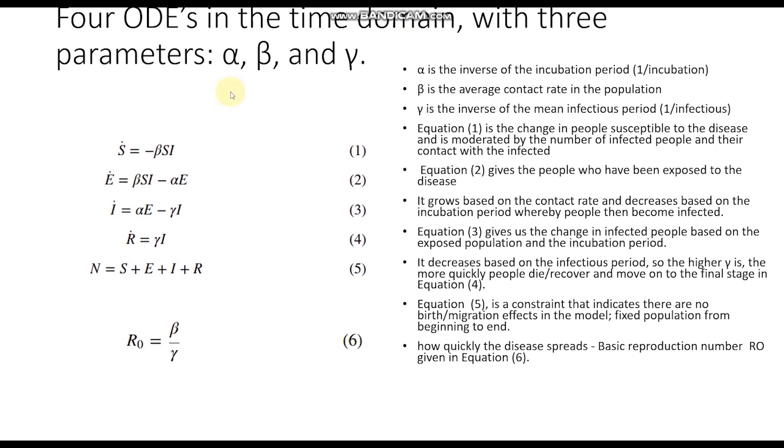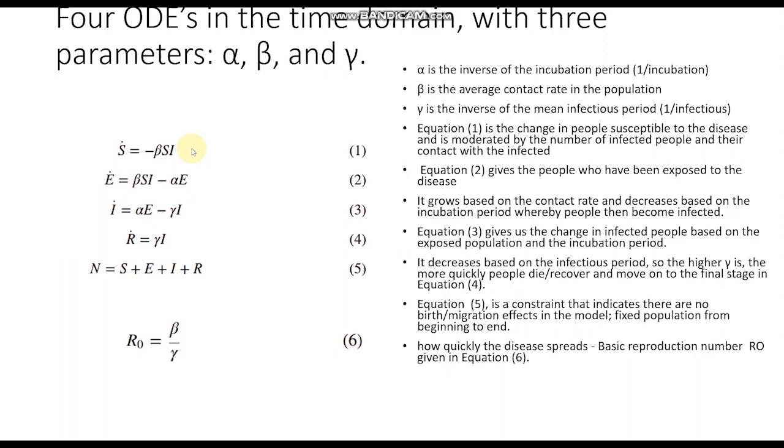This equation shows that people in the susceptible compartment, having a contact rate of beta, will be moved to the exposed compartment by the infected people I. The minus sign shows that people are moving away from the susceptible compartment to the exposed compartment at the rate of beta into S into I.